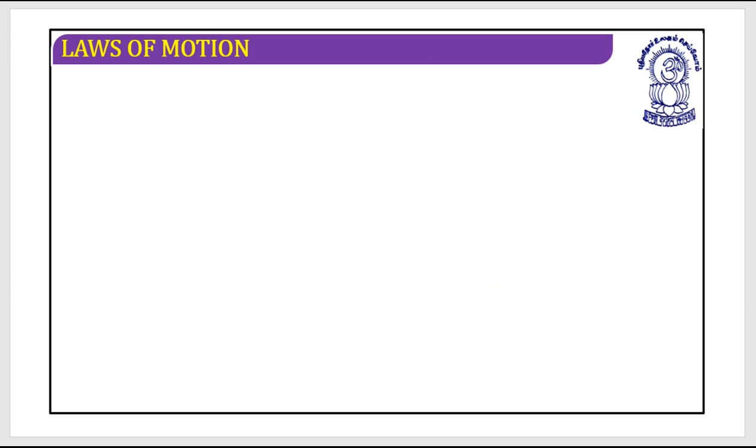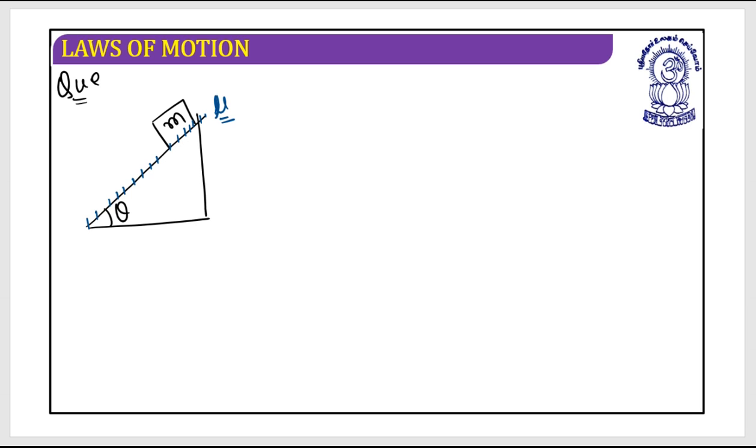Let's look at this question. The question says suppose a wedge is given and this is the angle theta, and let's say a block is there, the block is having mass m, and this wedge is having a friction of mu.